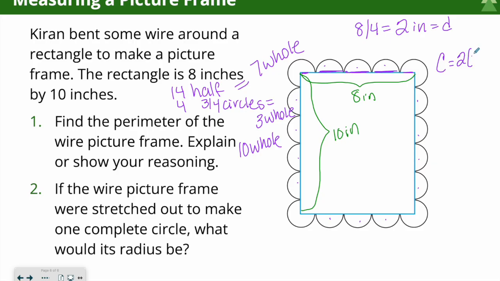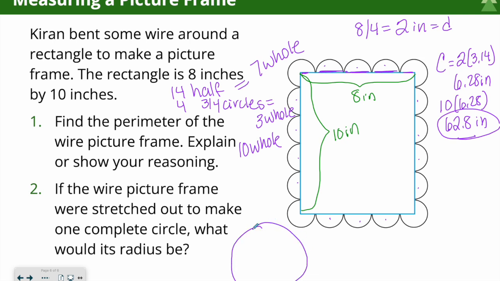Circumference, 2 times 3.14 gives us 6.28 inches. For one circle, we have 10 circles, giving us a total circumference of 62.8 inches for number 1. Then if we took that wire off and stretched it out and made one giant circle, the circumference is going to remain 62.8 inches.